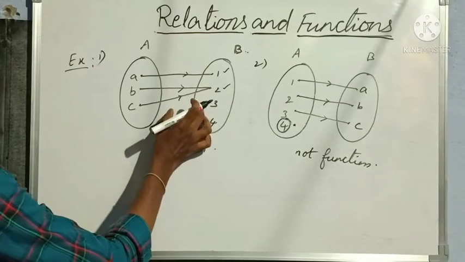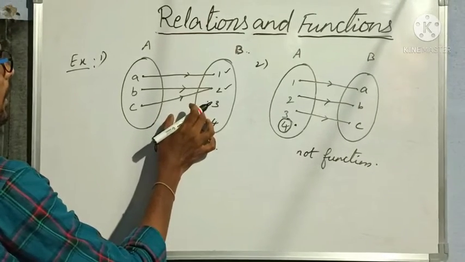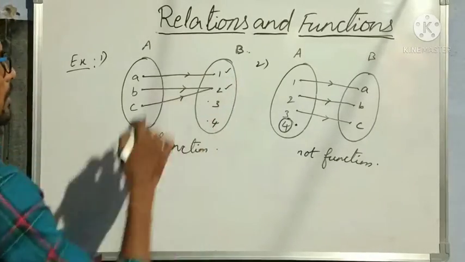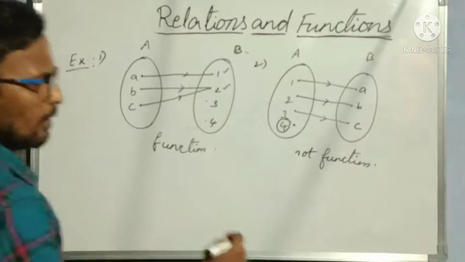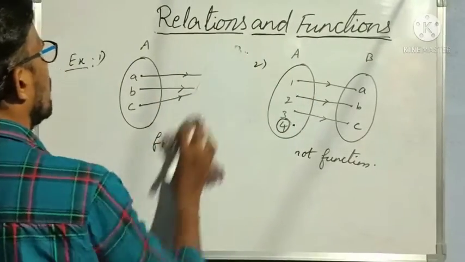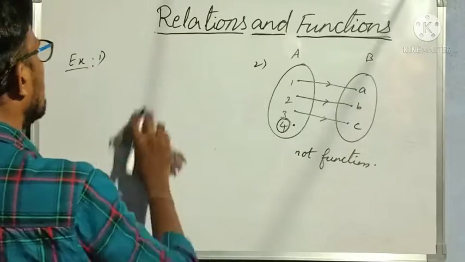Every element of A must and should be mapped and should have one and only one image in B. Then only that is called a function. Now let us understand this with one more example. Third example I am taking here.